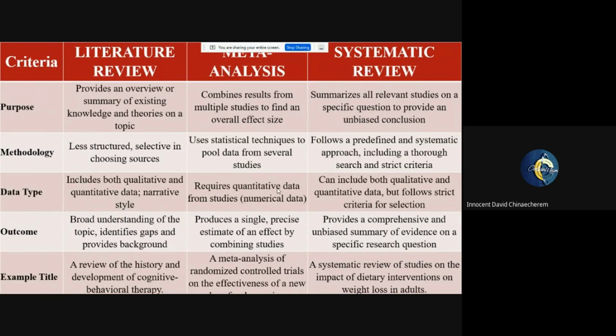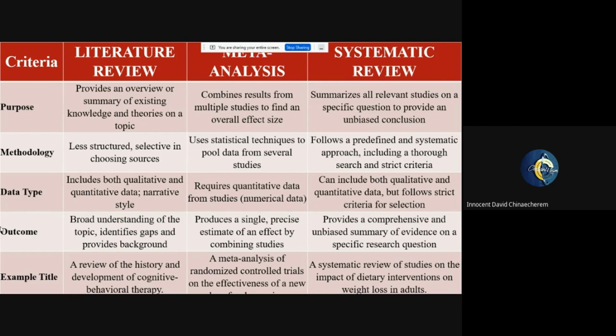But in meta-analysis, it's strictly numerical, right? But for systematic literature review, it can be either of them, but you have to follow your strict criteria for selection. Now, in terms of the outcome, we made it clear that for literature review, it's broad, right? And for the meta-analysis, it has to be a single precise estimate. Whereas for your systematic literature review, it is just a comprehensive and unbiased summary of evidence on a specific research question.